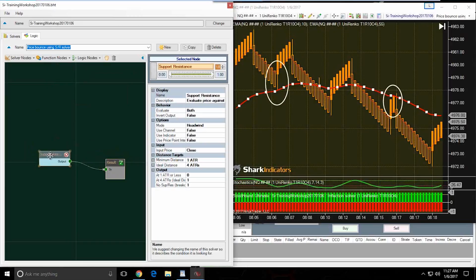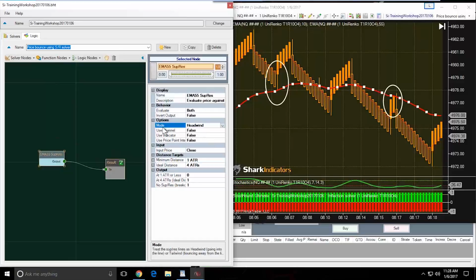So let me get the support resistance solver set up initially. I have an EMA 55 on the chart. All right, so I've got my solver named.